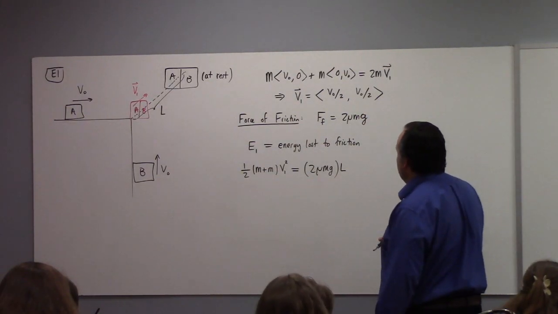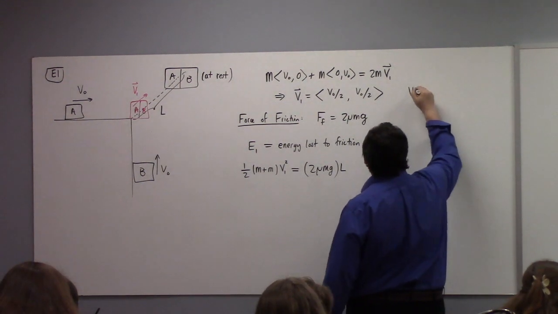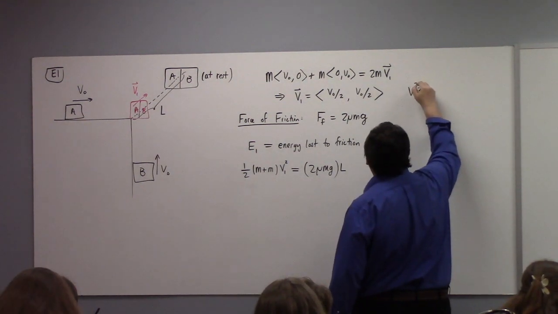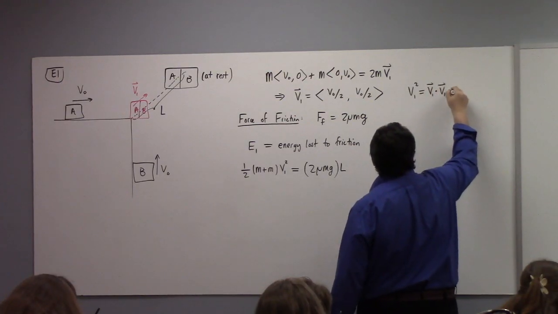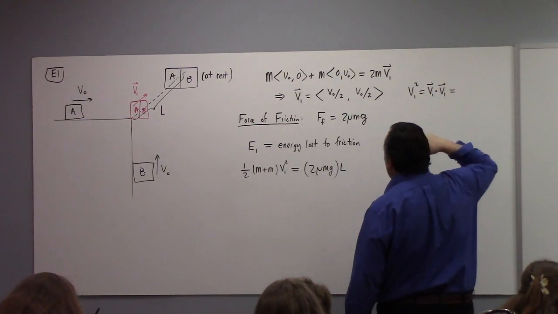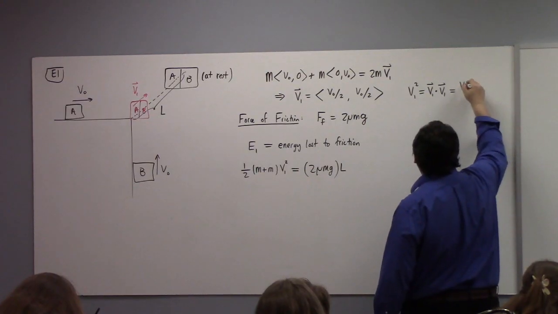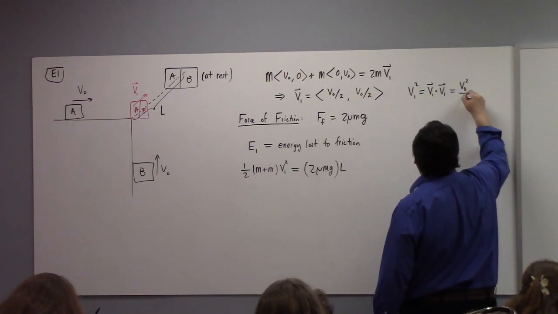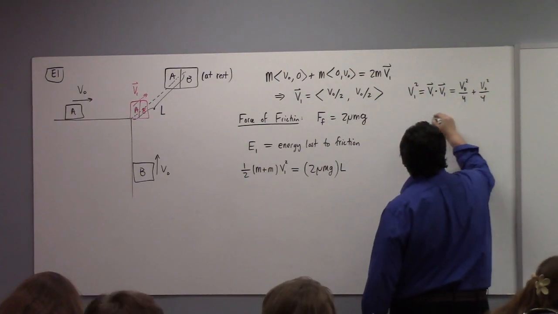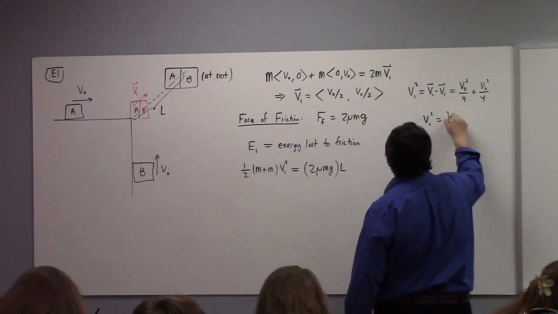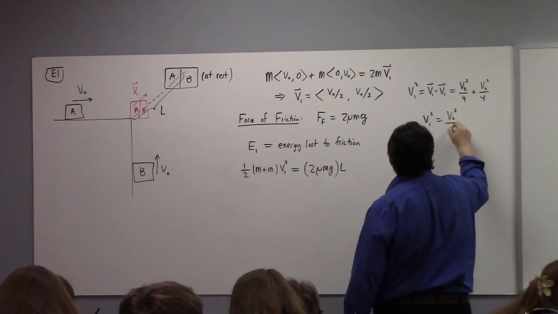It is true that V1 squared, let me process what you're saying. V1 dot V1, that's the velocity squared, the speed squared, which is V naught squared over 4 plus V naught squared over 4, also known as V naught squared over 2.